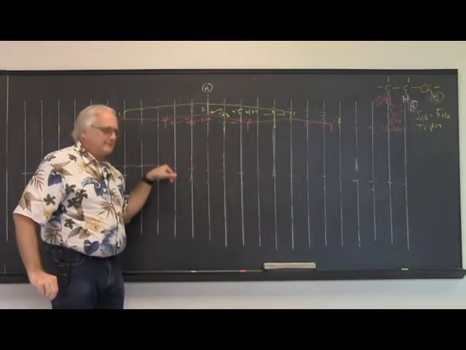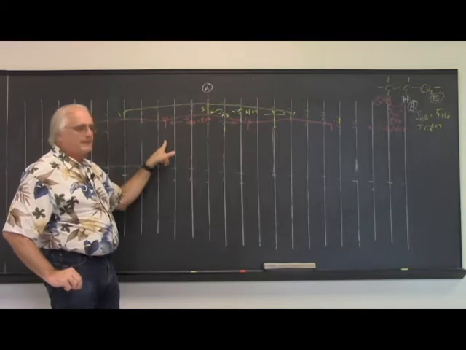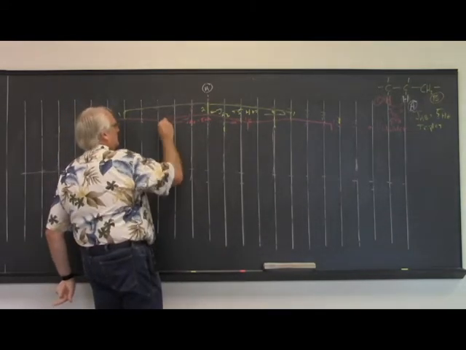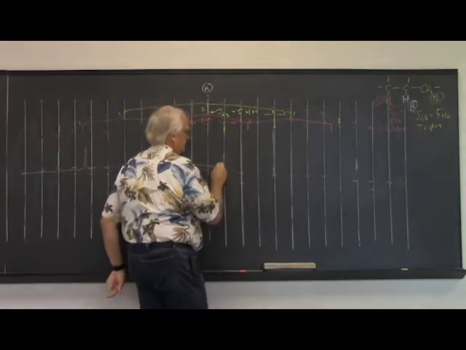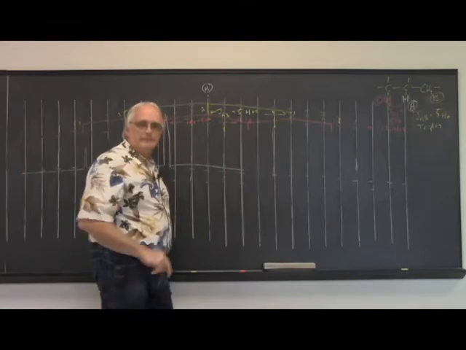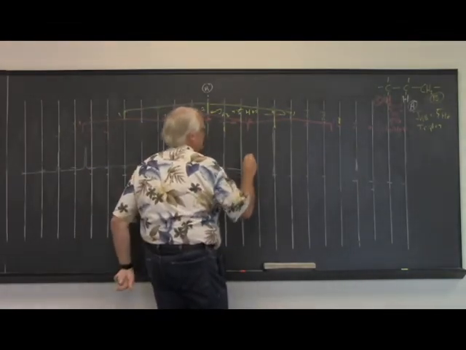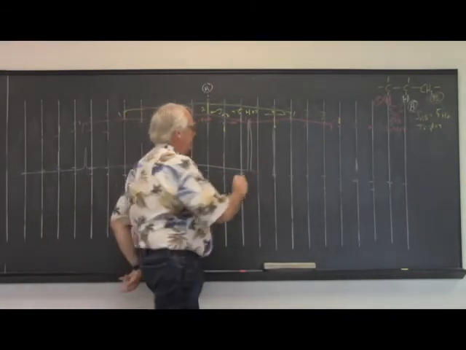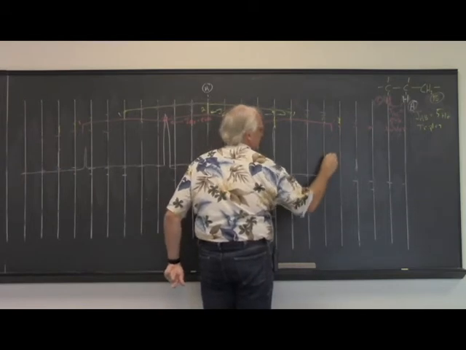What will the peak height be? 2 from this branch, 1 from that branch, 3 total. Wow. Another one. 2 from this branch, 1 from that branch, 3 total. And then another peak, height of 1.